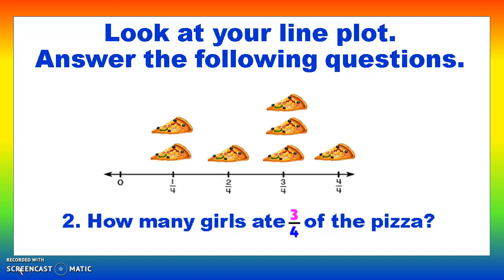Yes, 3 girls ate 3/4 of a pizza. But how do you know that? You just count the pizza slices because 1 pizza slice is equal to 1 girl. So there are 3 pizza slices above 3/4. 3 girls ate 3/4 of the pizza.